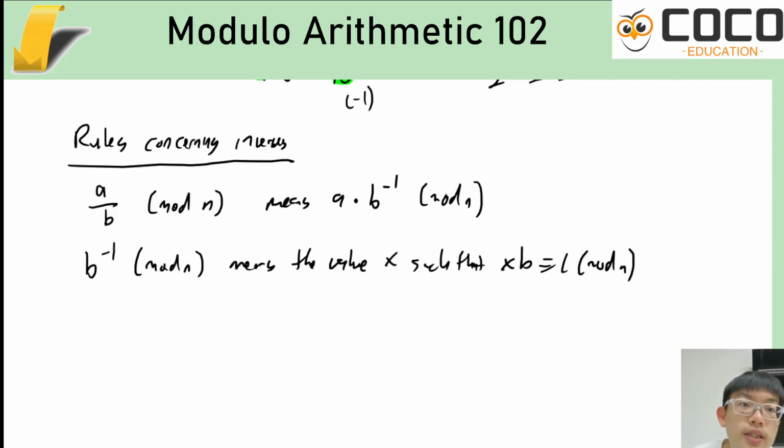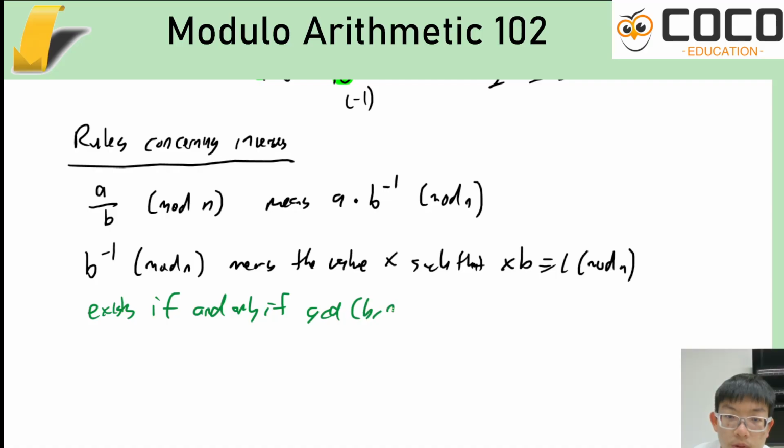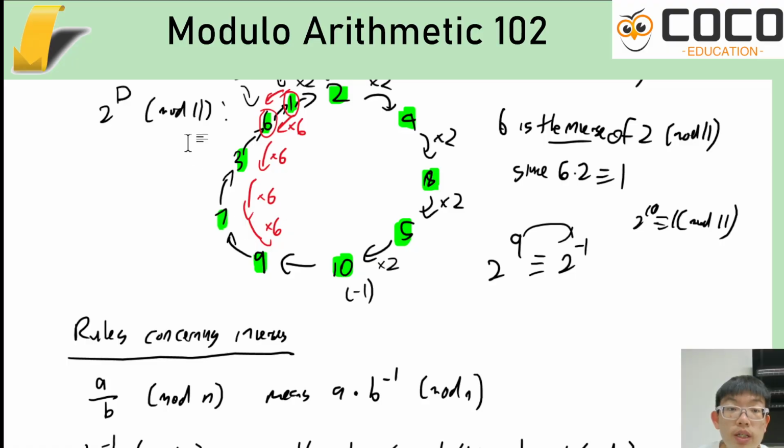Well, the inverse exists, again the same thing, if and only if it is co-prime to the modulo. So for example, in mod 11, everything is co-prime except for 0 mod 11, so they all have an inverse.